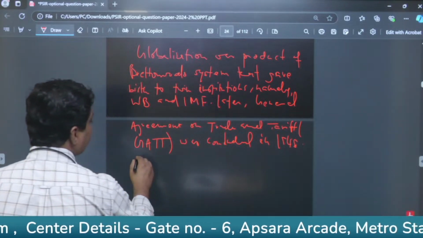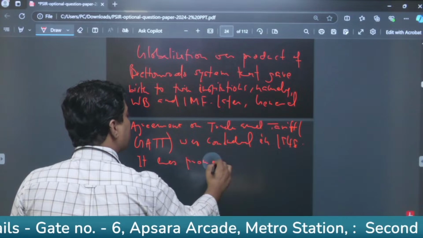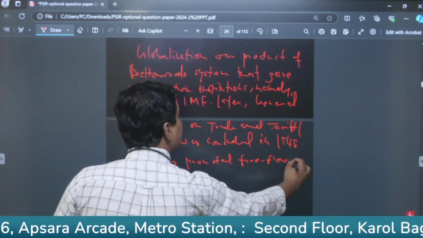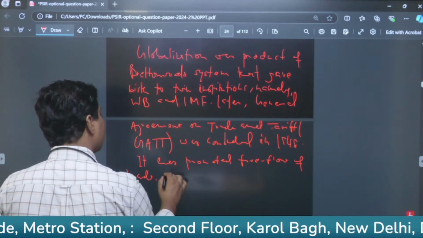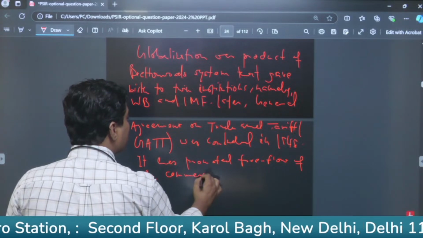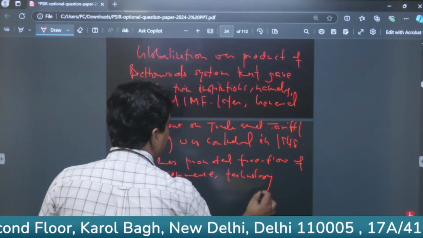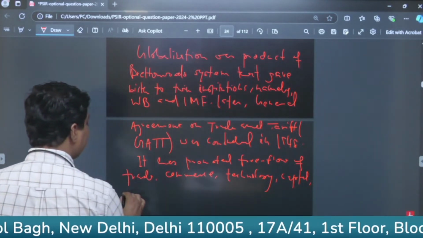It has promoted free flow of trade, commerce, technology, capital, and labor.